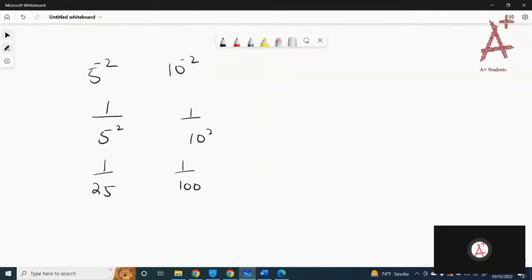So 1 over 25 equals 0.04, but 1 over 100 equals 0.01. So which one is greater? That means 0.04 is greater than 0.01, isn't it? So 5 exponent negative 2 is greater than 10 exponent negative 2. Got it?